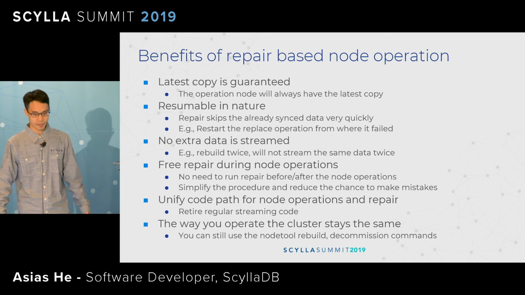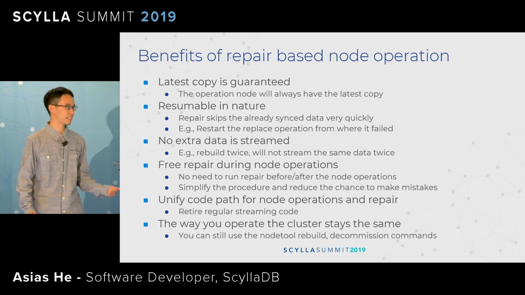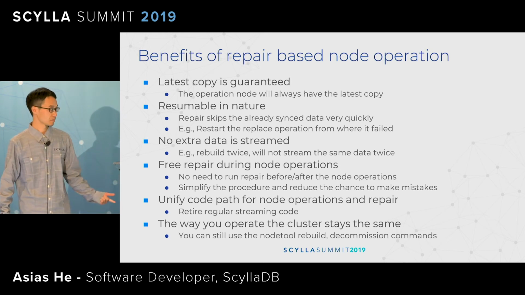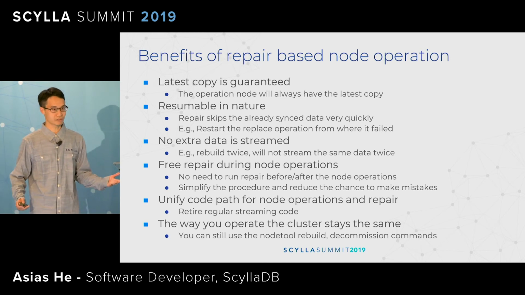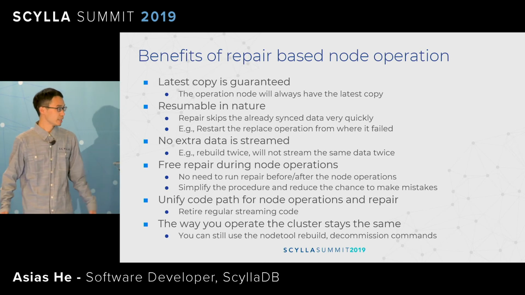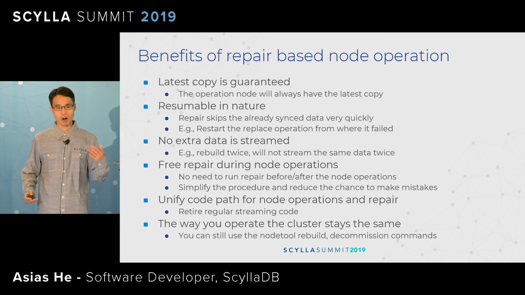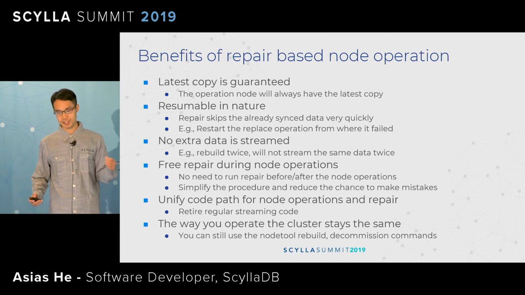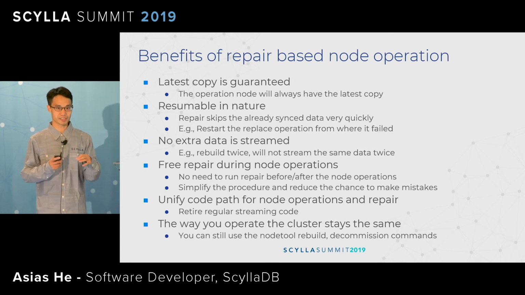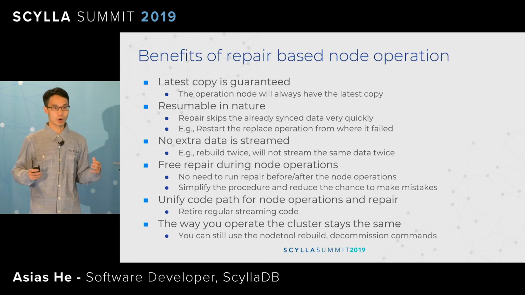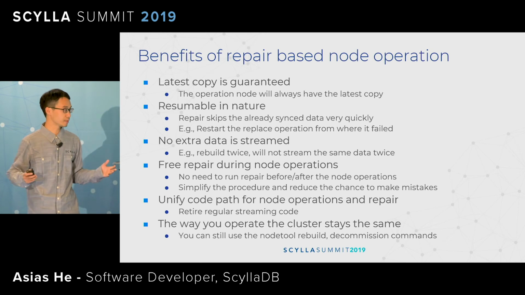So, some of the benefits. The first one is that the latest copy is guaranteed. Thanks to the repair, the operating node will always have the latest copy, and it's also resumable in nature. That is because repair can skip the data already synced very efficiently.